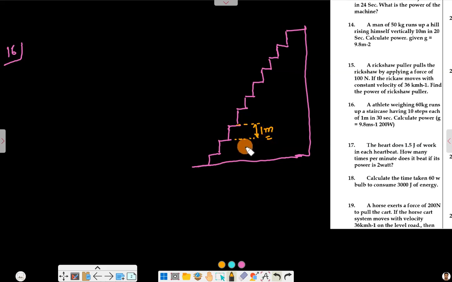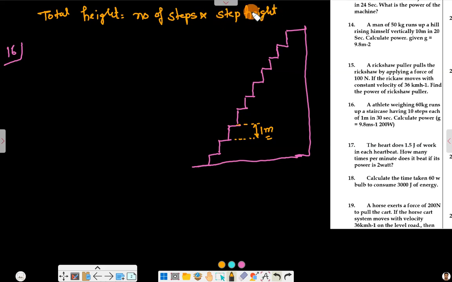So there are total 10 steps, then total height will be equal to number of steps into step height. Total number of steps are 10 and step height is 1.